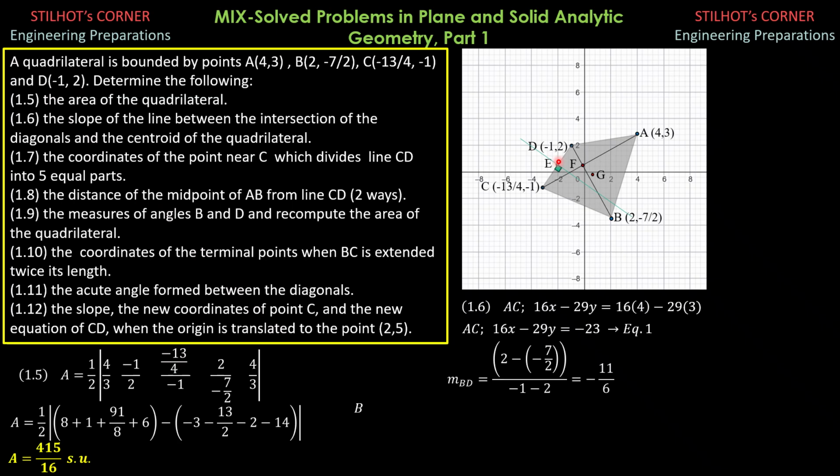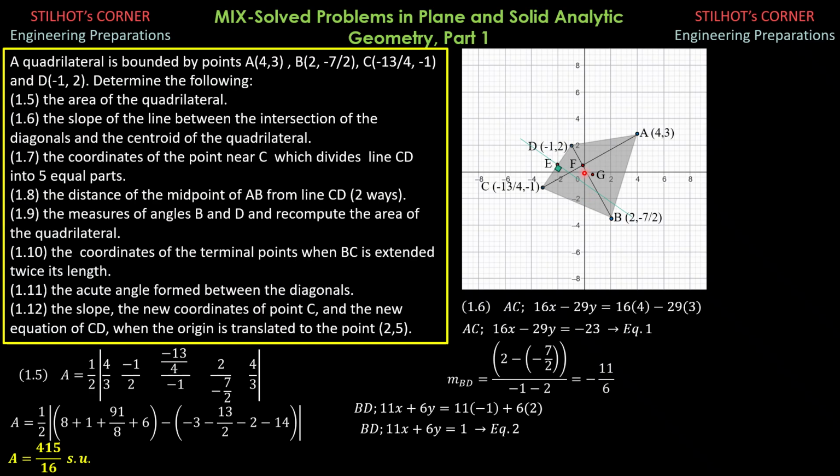So 11x plus 6y equals 11 times negative 1 plus 6 times 2. Simplifying, that's 11x plus 6y equals 1. Equation 2, the equation of BD.